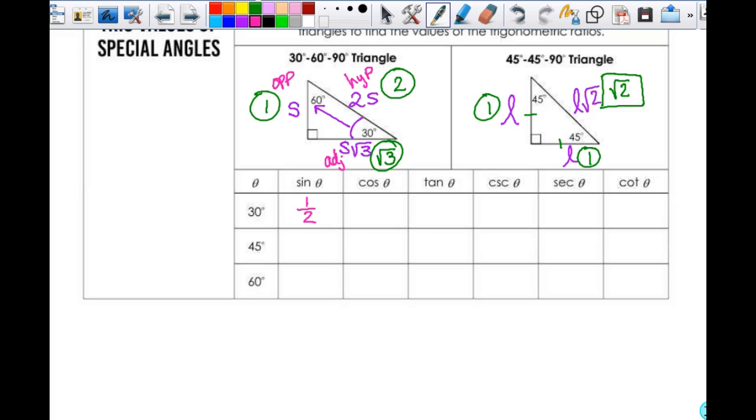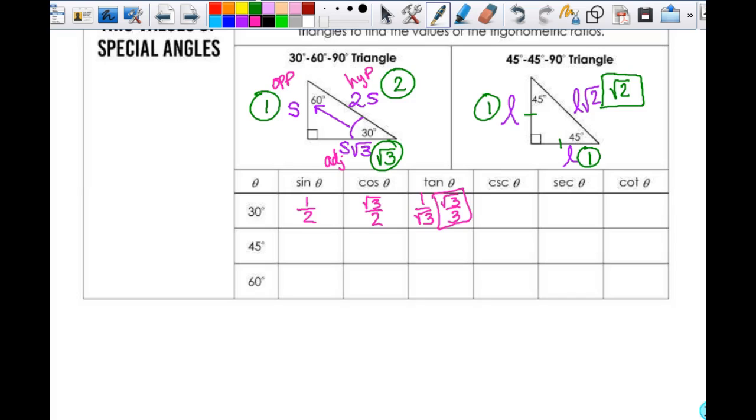And so cosine is adjacent over hypotenuse. That's the square root of 3 over 2. Tangent is opposite over adjacent. That's 1 over the square root of 3, which is not legal. That gives me square root of 3 over 3. Actual answer. Cosecant is the reciprocal of what?